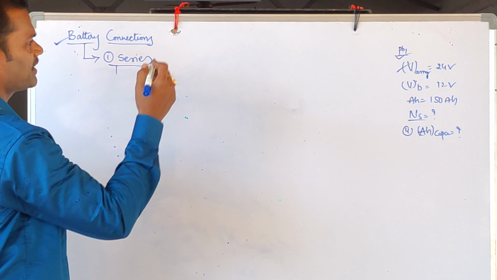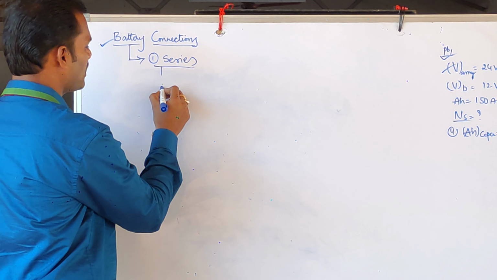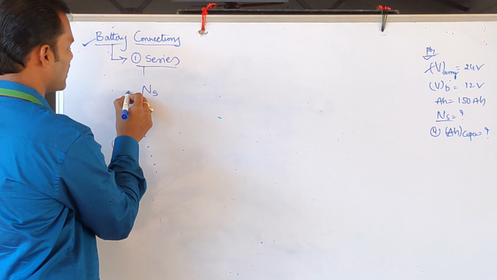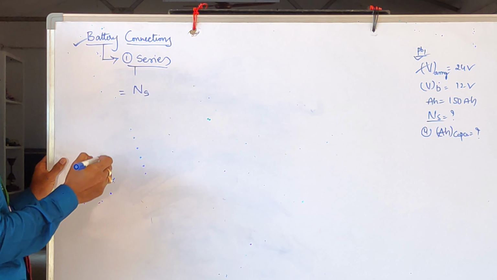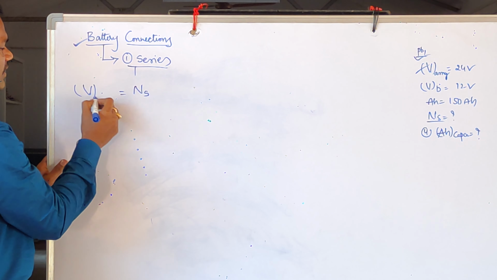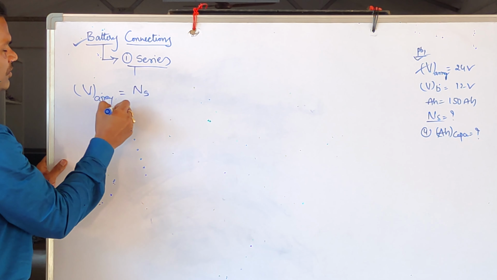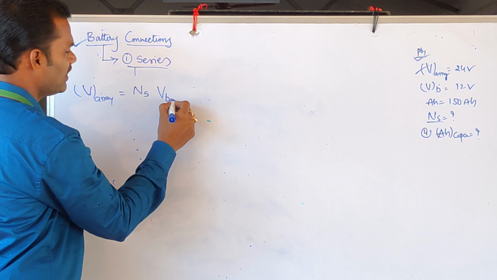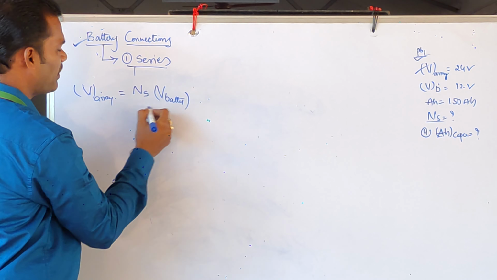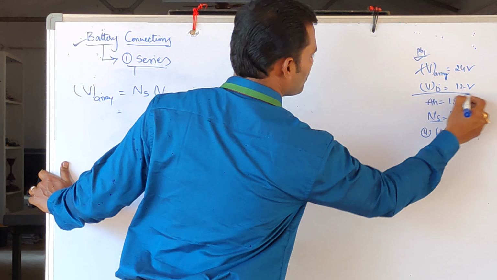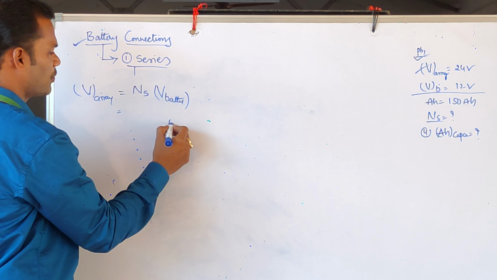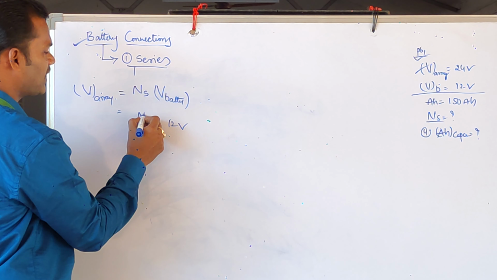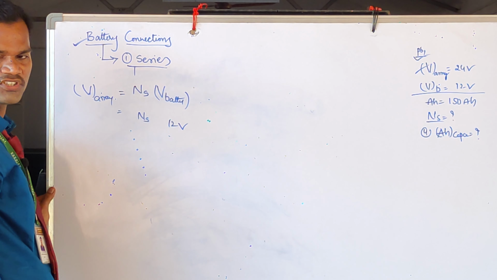So we need to calculate the number of batteries to be connected in series. What is the formula? The voltage of the array is equal to the number of batteries times the voltage of the individual battery. What is the battery voltage given in the problem? 12 volts, and we need to calculate the number of batteries in series connection.